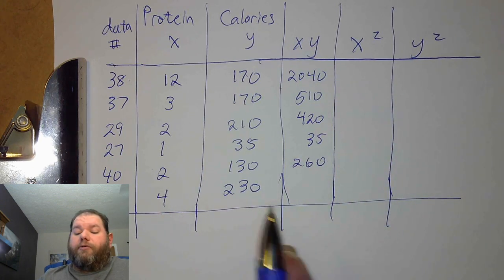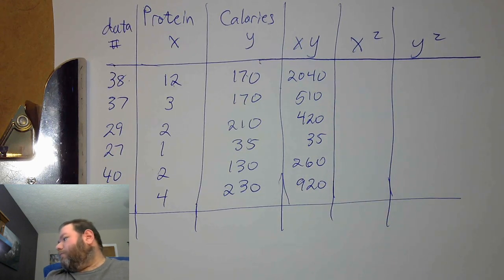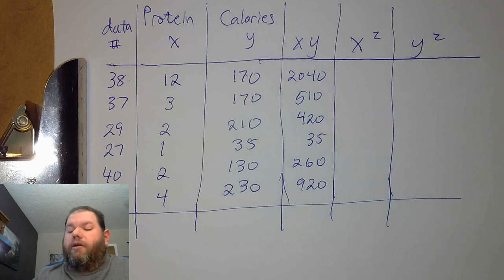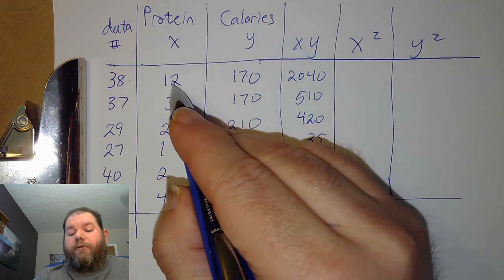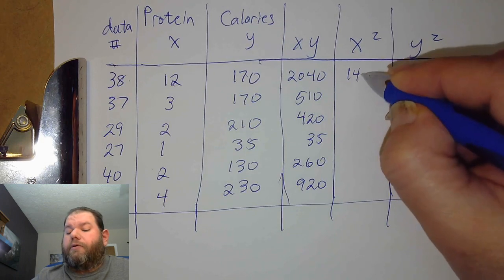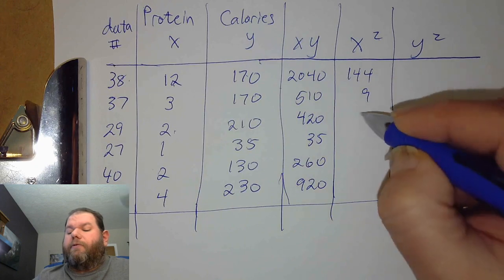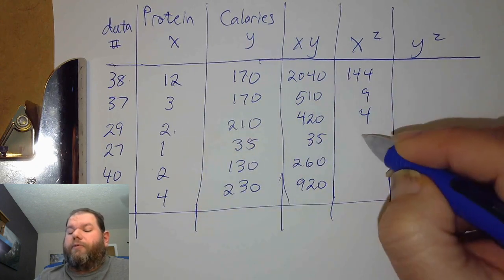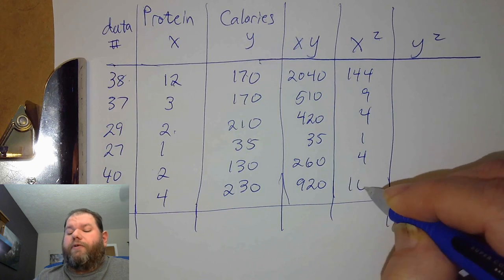And 4 times 230 is 920. In this column, we want to square all the x values. So 12 times 12 is 144. 3 times 3 is 9. 2 times 2 is 4. 1 times 1 is 1. And 4 times 4 is 16.